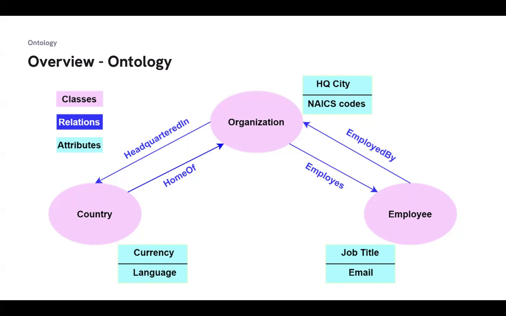So what this means is if I share this ontology, or I'm using this ontology, I understand that there is a concept called country, and it means whatever meaning we want to give it. We'll talk about when and how to state that meaning. And then it also has this property called currency, this property called language.